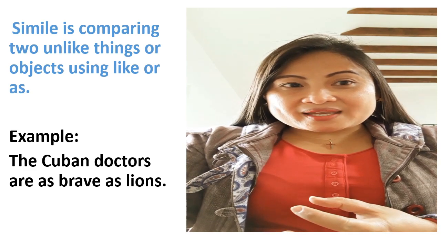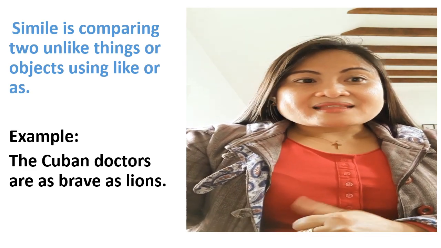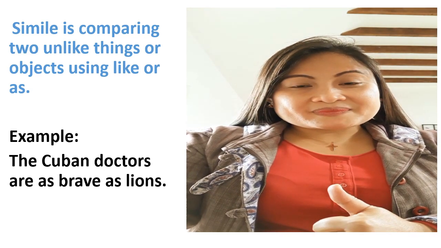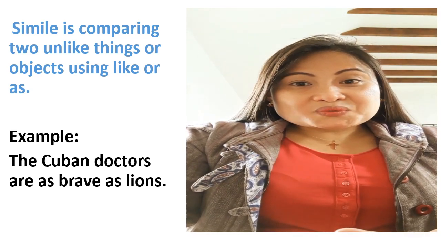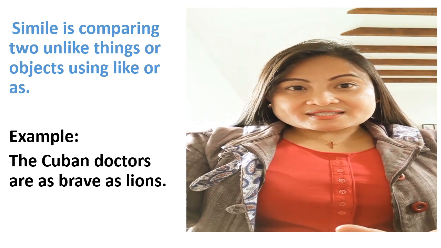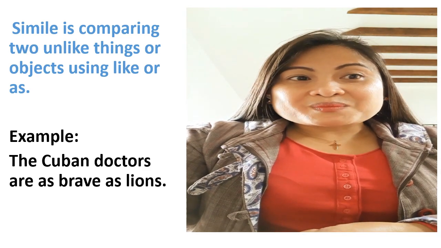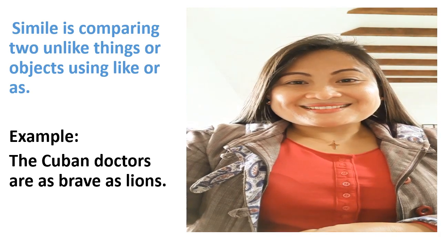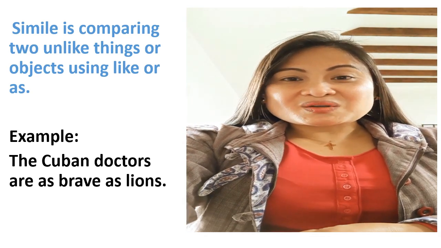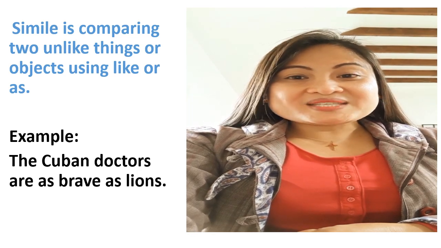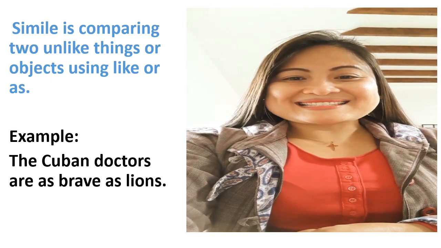They are helping the infected in Italy despite the dangers in the forests of death. What's the common characteristic of the doctors and the lions? They are both brave. That's simile, comparing two unlike things or objects using like or as.